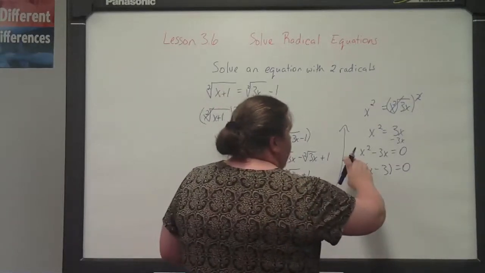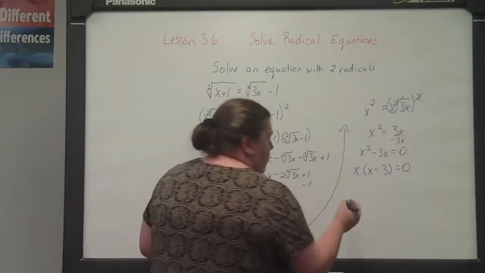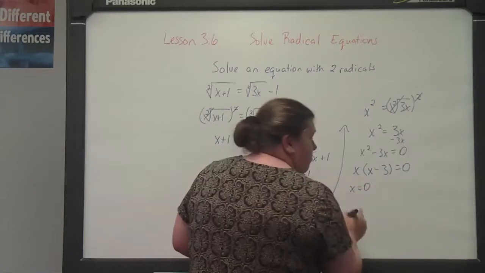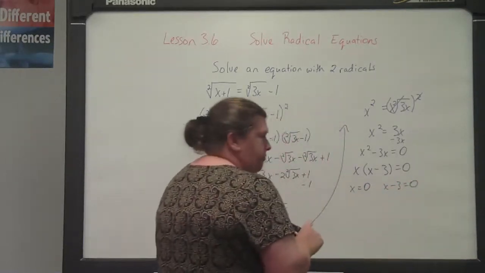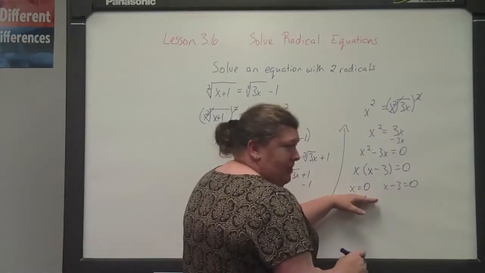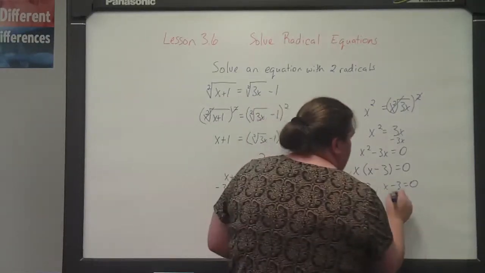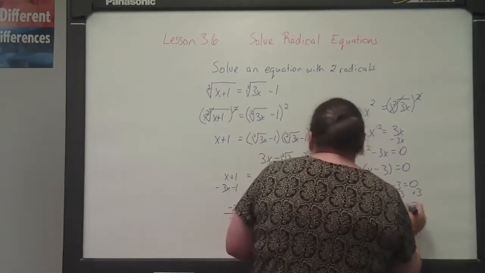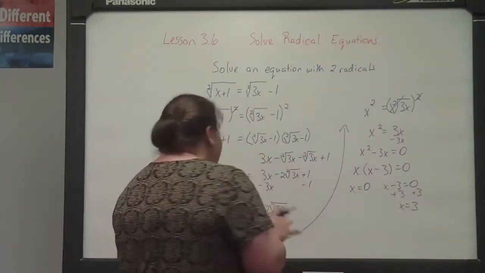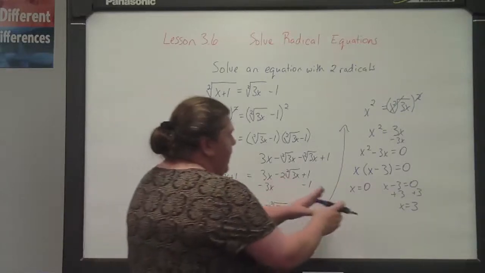And so you set each part equal to 0. X equals 0, and then x minus 3 equals 0. This one has already been solved, but we have to solve this one. I want to add 3 and add 3, so x equals 3. Now, again, I've solved.